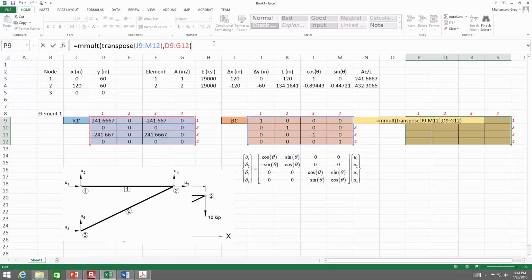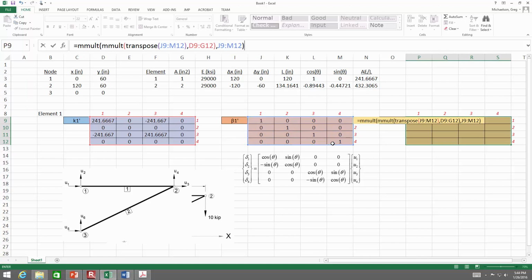Now that is a matrix. I need to take that matrix and multiply it times beta, right? Beta transpose times K times beta. Watch the formula bar. I'm going to matrix multiply that whole answer by beta. See how I'm doing that?